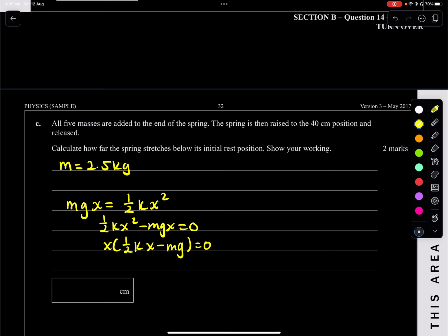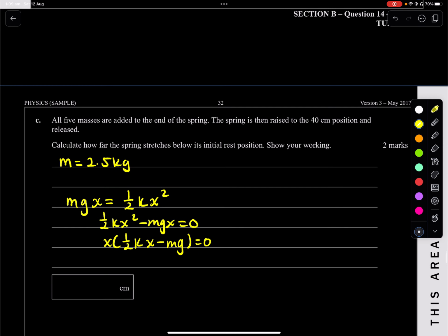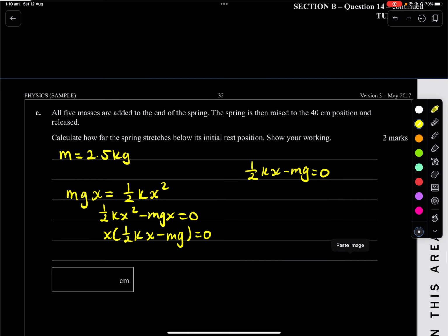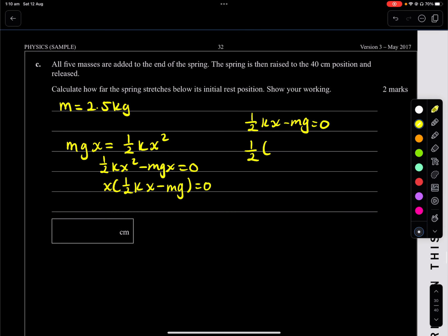So x times (half kx minus mg) equals 0. x is 0 is one solution, so half kx minus mg must equal 0. So summing all the values in, your k here is, let's say, 82, and your x is what we're trying to find, which should equal mg over half k.